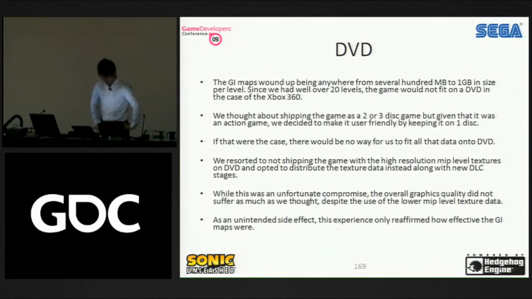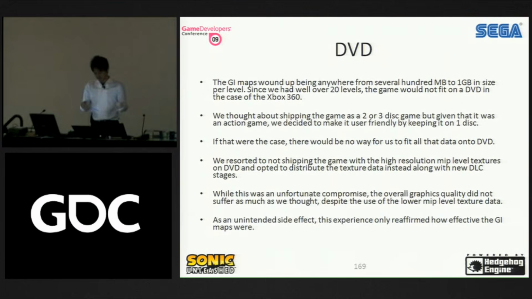I'd like to talk about the DVD. So, stage numbers. We have several stage numbers. In 360, we don't have enough memory. Since this is an action game, and because of the game design, we can only use one DVD, but we couldn't have put everything on the DVD.